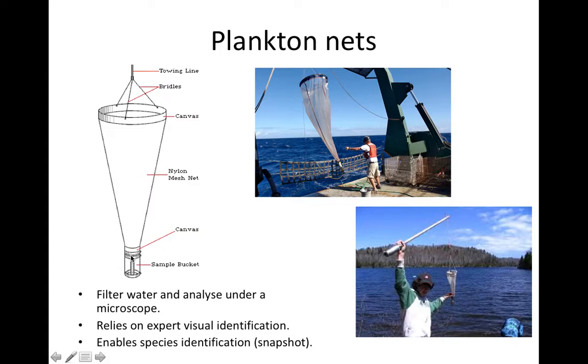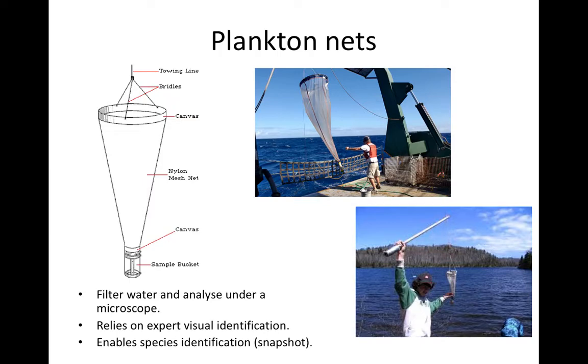you can then take out and put under the microscope to manually identify the different species and groups which appear in your net. You can have all different sizes. This is an example here of one being lowered from a large research vessel on a crane. Equally, you can see in the bottom right hand corner here a very small one being used in a lake, just with a pole.